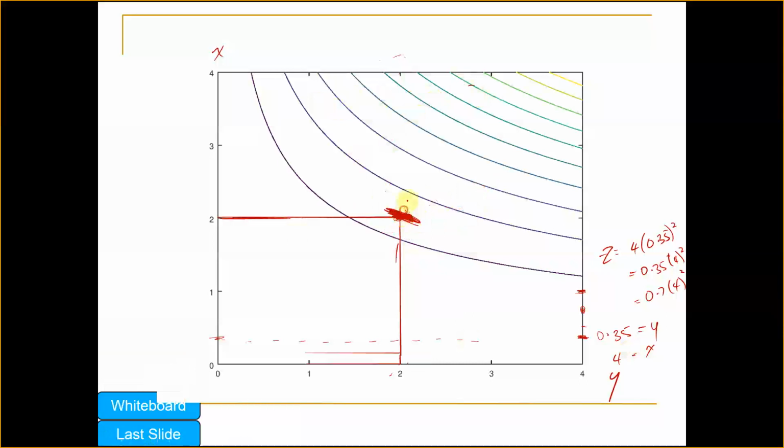Then the line of steepest ascent is about that, and that slope is 8 on the y, 4 on the x. Alright?